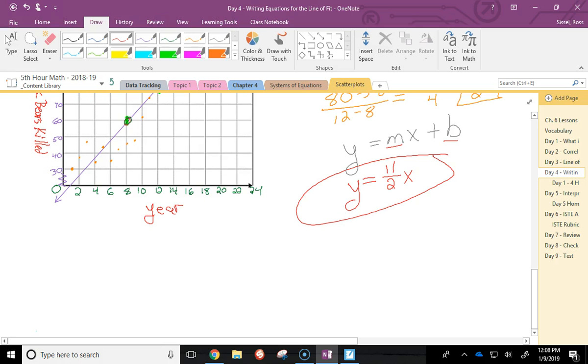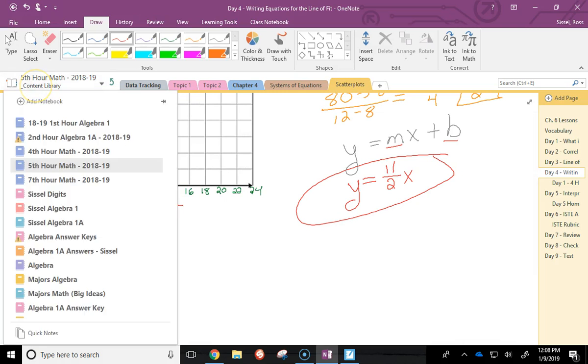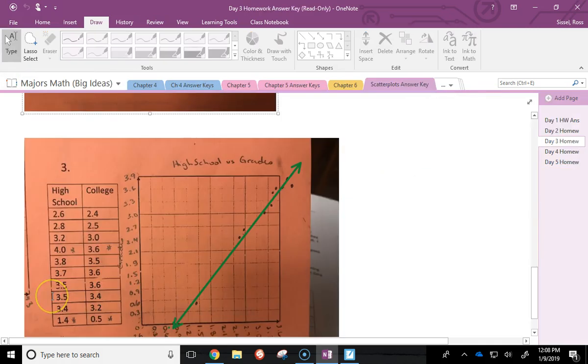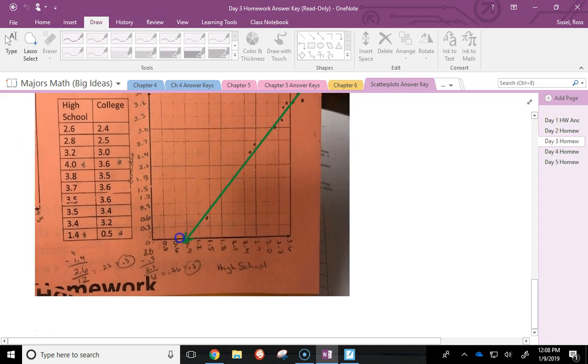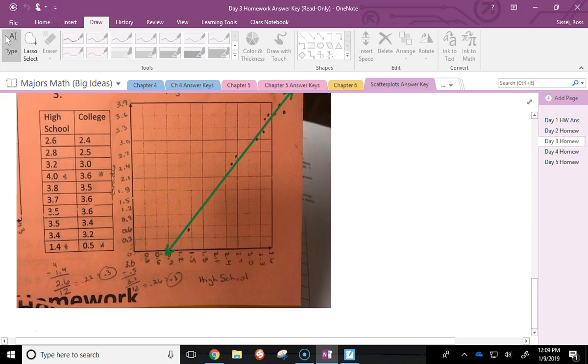So I'm going to repeat this step one more time because you're going to do it for your homework. For your homework, you're able to still go back and look at your line of fit, whatever you had, to write your equation. Follow your line. Be looking at your line. Find 2 points.